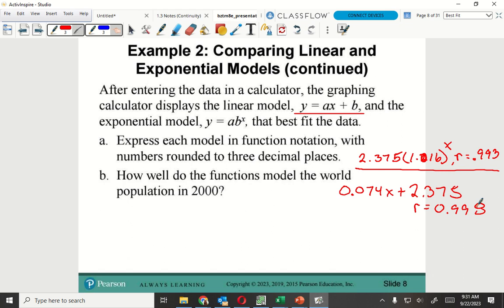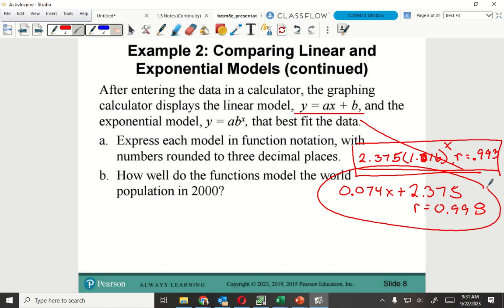Okay, so the linear is closer to the model. So that one is a better fit. So how well do the functions model? This one is the better fit. That's the good one.